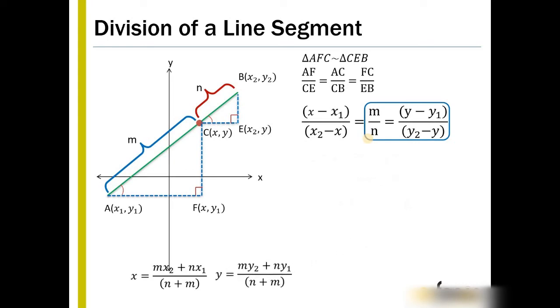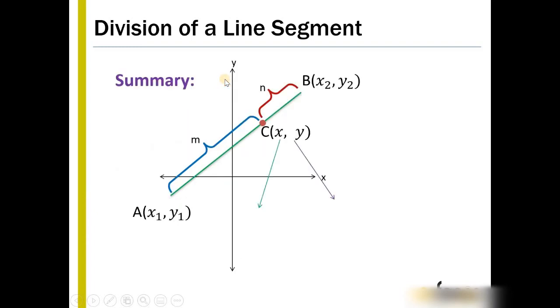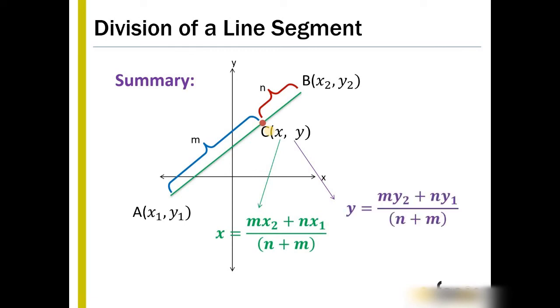And we've now got a general formula for the coordinate C, xy, that divides this line segment into the ratio m to n. To summarise that, to divide this line segment into two parts in the ratio m to n, we need to use the coordinate C, xy, where x equals (mx2 plus nx1) over (n plus m), and y equals (my2 plus ny1) over (n plus m).